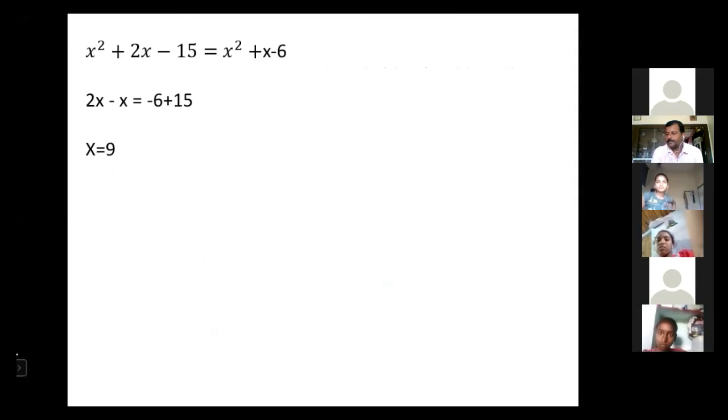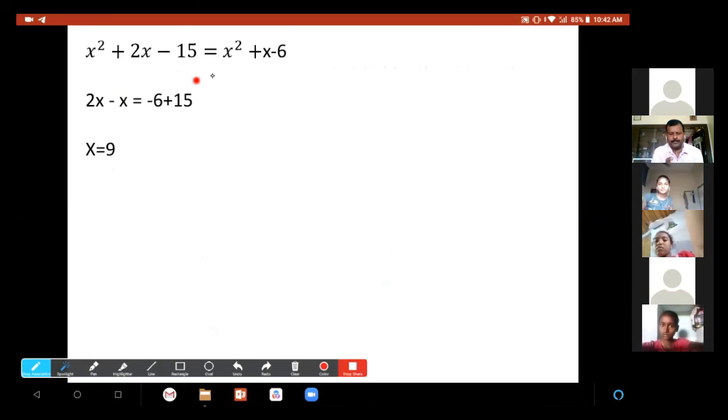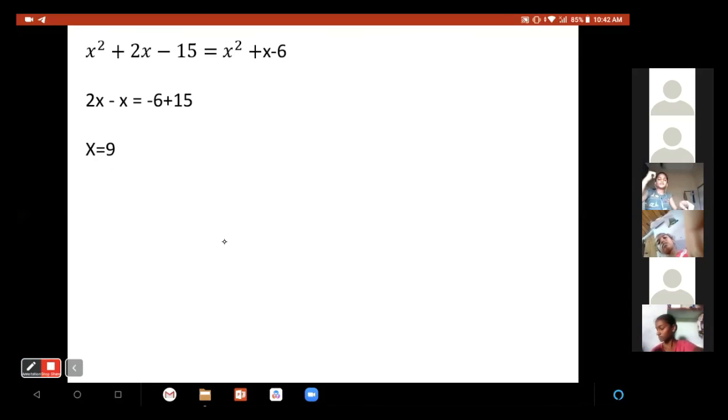Here this step I directly wrote because you already know the cross multiplication. Directly I simplified: x square plus 2x minus 15 is equal to x square plus x minus 6. Okay, clear? Yes, sir. It's almost 1 hour over.